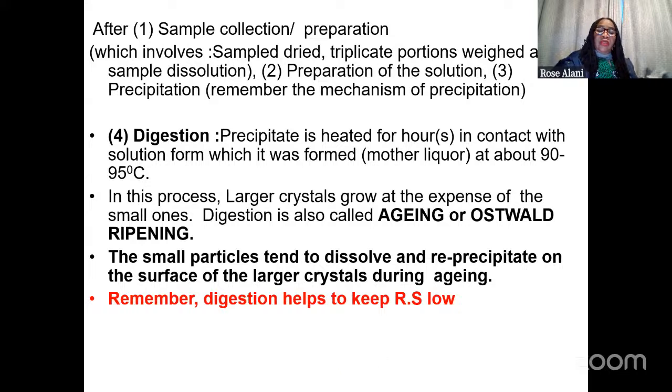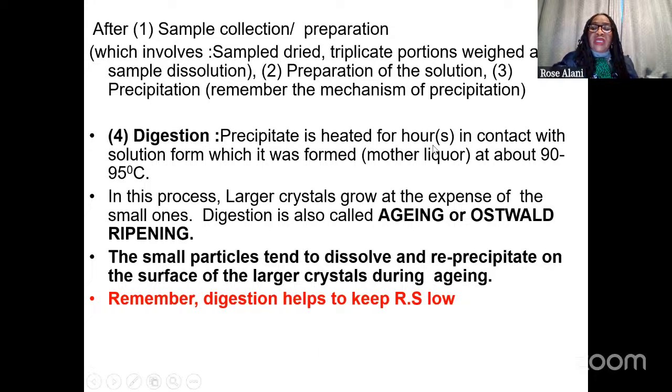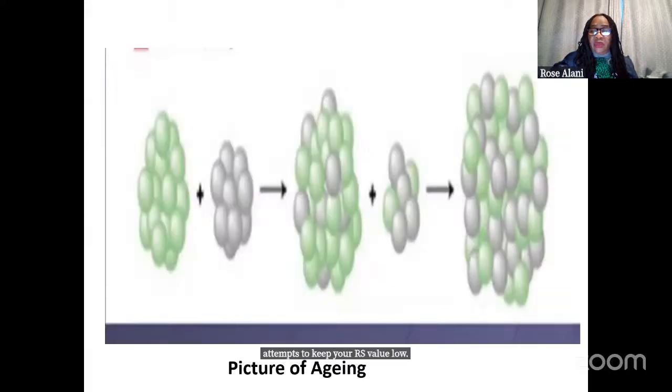Digestion helps to keep your relative saturation, your RS value, low, and when you have RS value low, you have good crystals formed. This is a picture of aging: the smaller crystals are adding to the bigger one and they continue to grow with time. That is what is called aging.